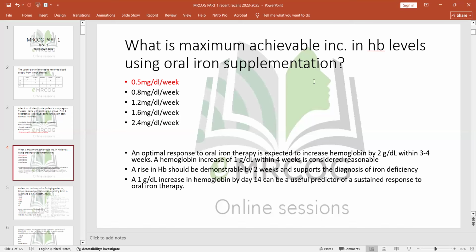So I'm going to give her at least 35, and in 2 to 3 weeks, or 2 to 4 weeks, I'm seeing that her hemoglobin is coming up. This is the definitive diagnosis of iron deficiency anemia.